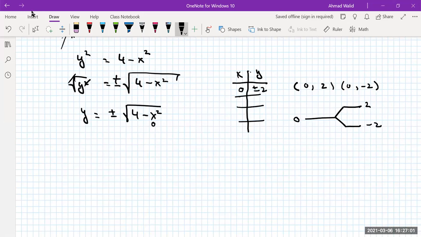Can your car go to two roads at the same time? Or in other words, do you see a repeating x here? You have a repeating x, so this equation cannot represent a function. Or you can say this equation is not a function.